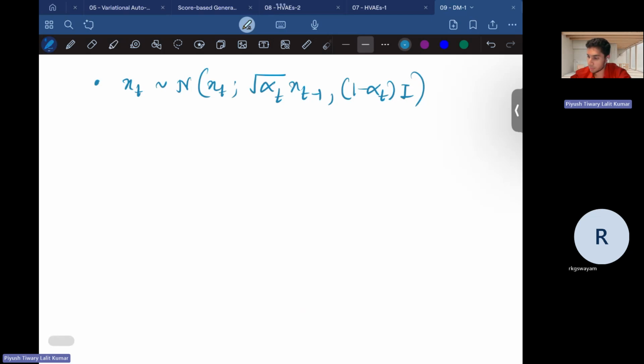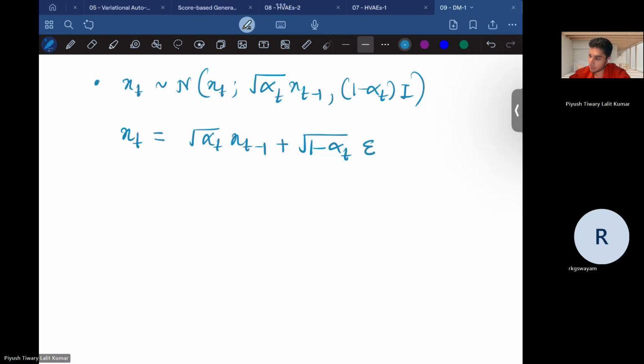So what if I want to sample from this distribution? If you want to sample from any Gaussian distribution, the first thing that should come to our mind is the reparameterization trick, because that is the easiest way to sample from any Gaussian distribution. What does that mean? You can write xt as your mean, which is root of alpha t xt minus 1, plus square root of the variance 1 minus alpha t times epsilon.